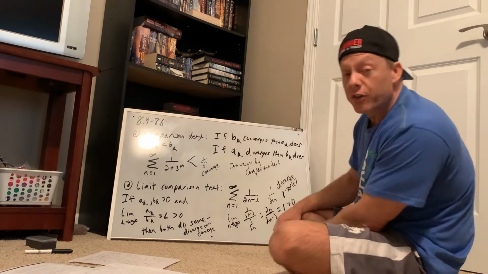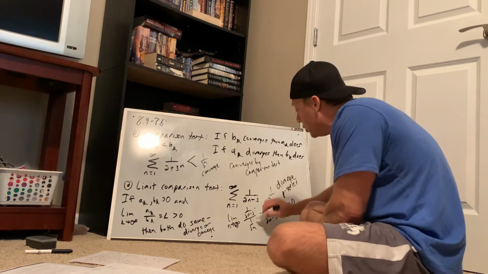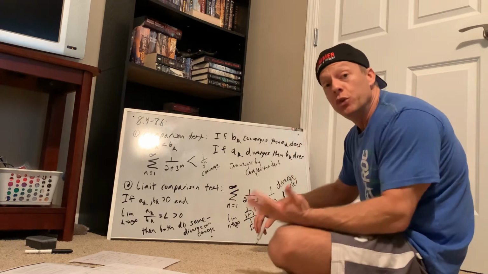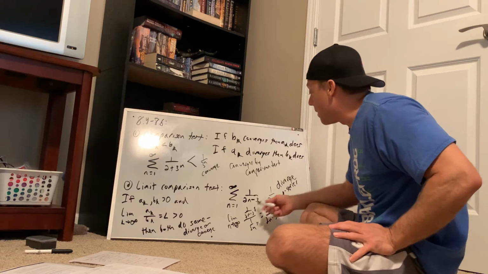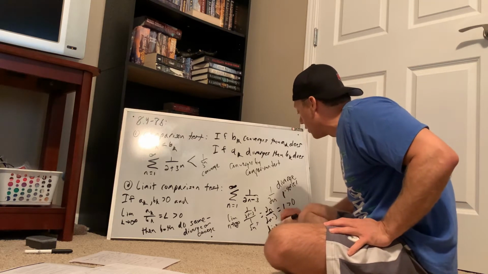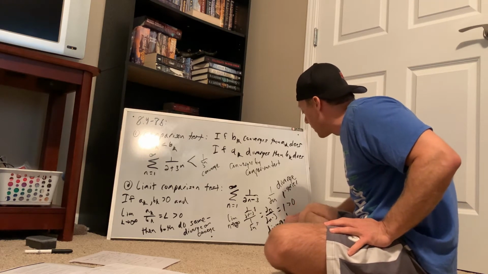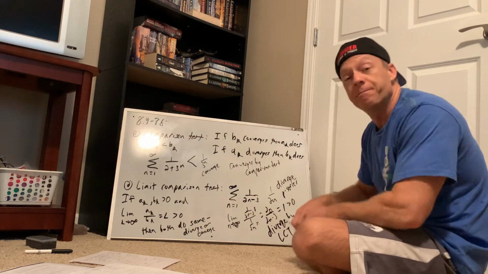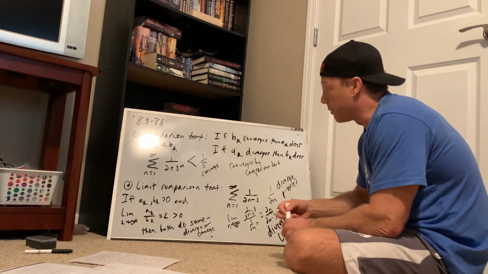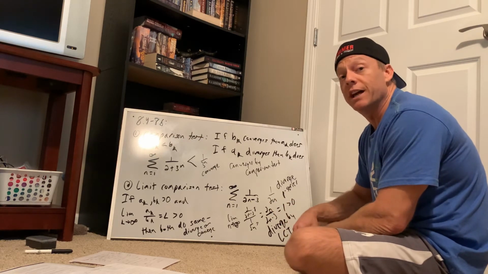Since 1 is bigger than 0, I know that these two series do the same thing. Because I know 1 over 2n diverges, that means this thing is going to diverge also by the limit comparison test, which sometimes I'll just write as LCT. All right, so that's the comparison test, and that's the limit comparison test.